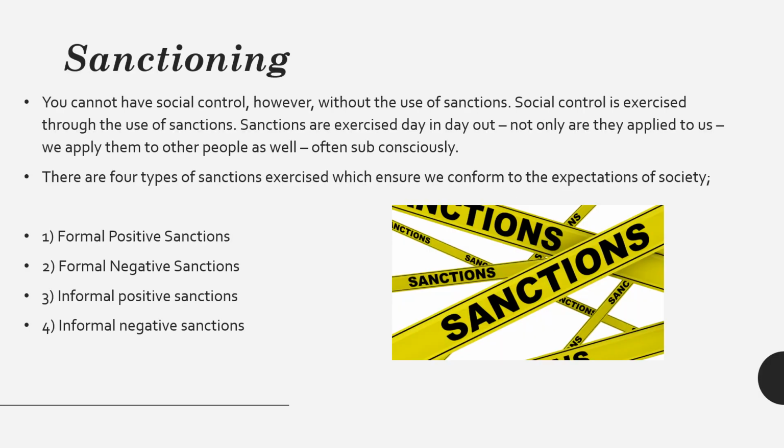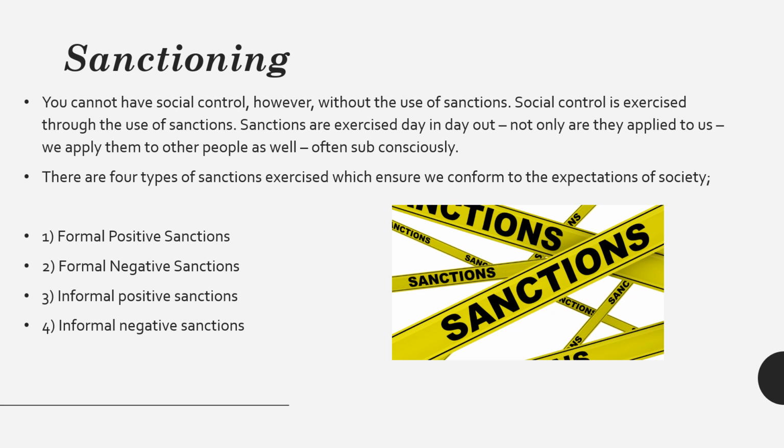Formal social control obviously has legal sanctions, informal has disapproval sanctioning. Without sanctioning, social control is basically impossible. So you have to have that use of sanctioning to remind people what is expected in terms of behaviour.